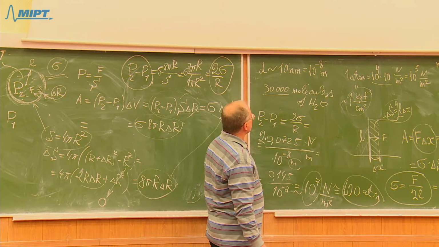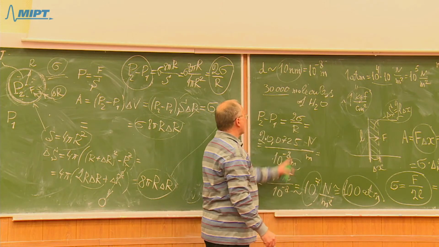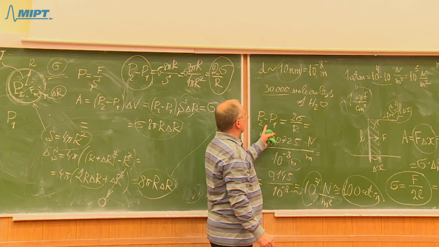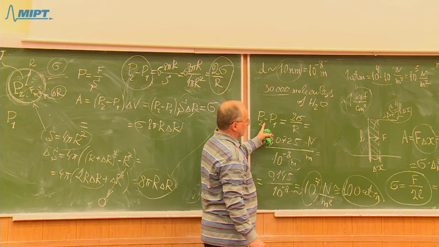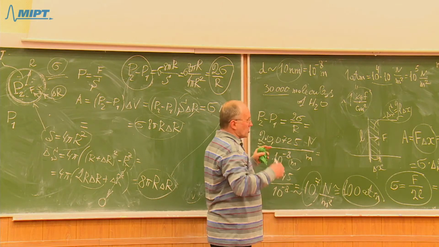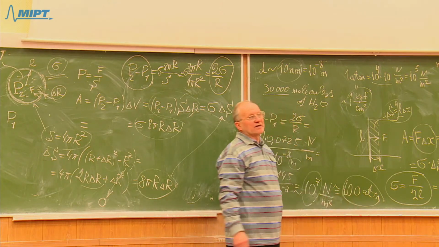So I increase the diameter of my droplet by 100 times, then the pressure difference will be decreased by the same amount of 100 times. And then I will obtain the additional pressure inside such a droplet 100 times smaller. That will be just 1 atmosphere.